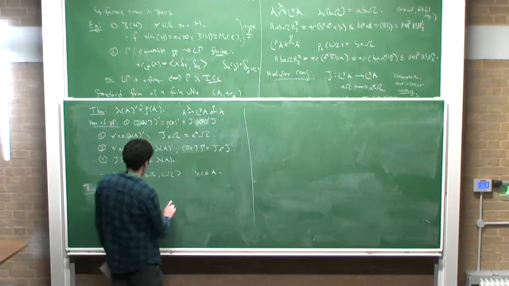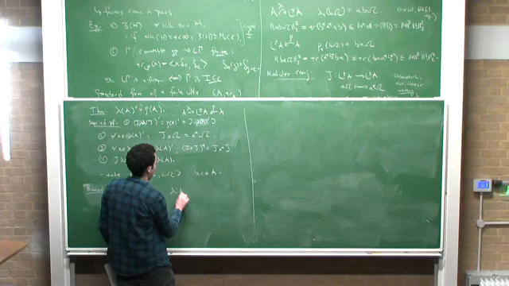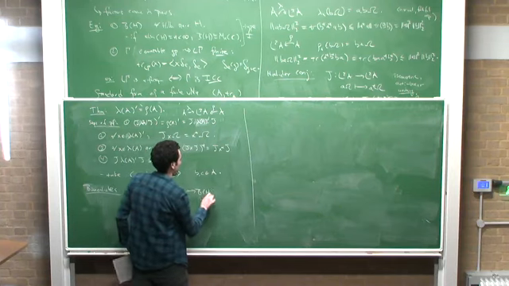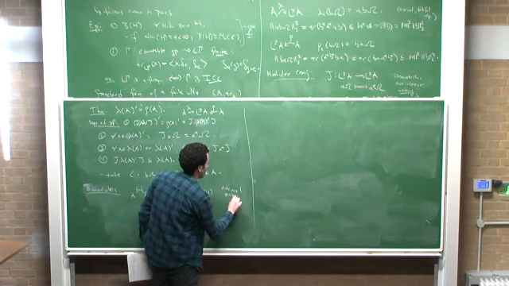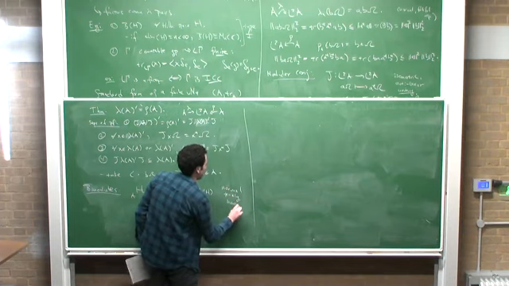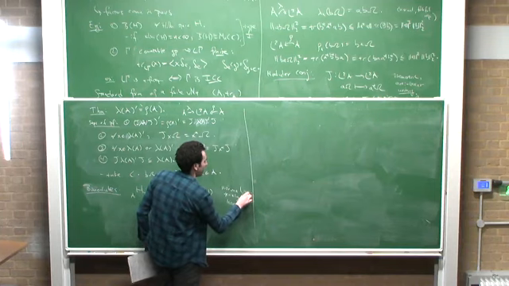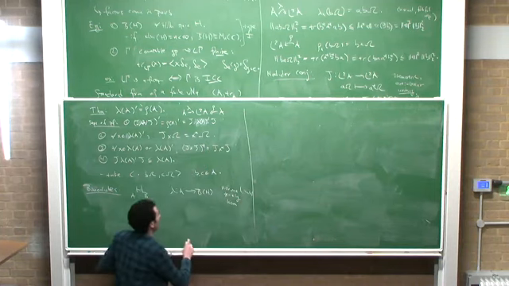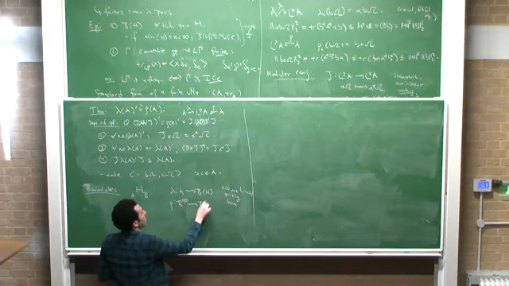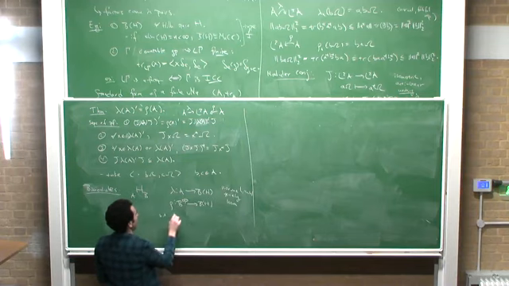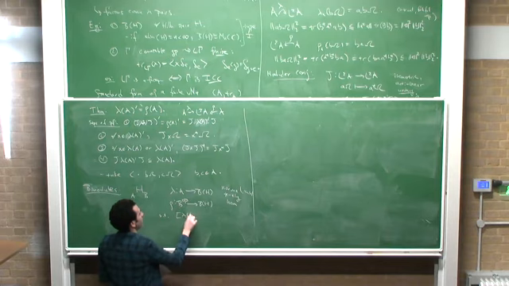This means that I have normal unital star algebra homomorphisms, lambda from A to B of H and rho going from the opposite algebra of B to B of H such that they commute.